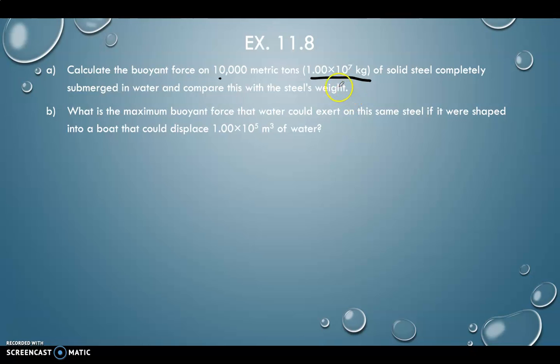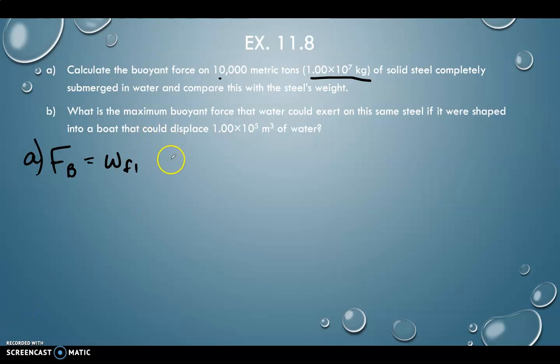So we are going to need to calculate the buoyant force, F_B, which is also going to be the weight of the fluid it displaces.